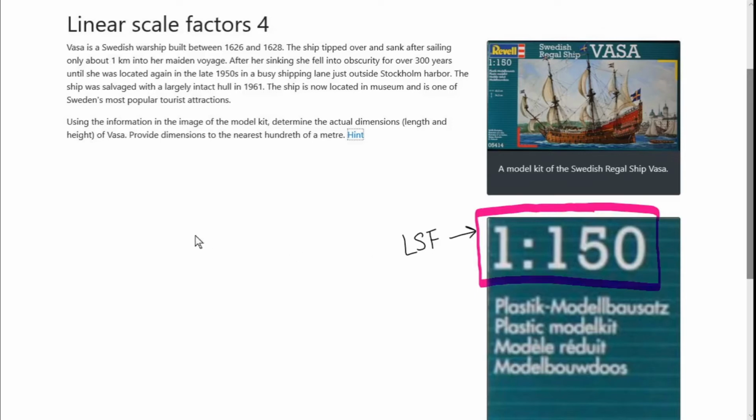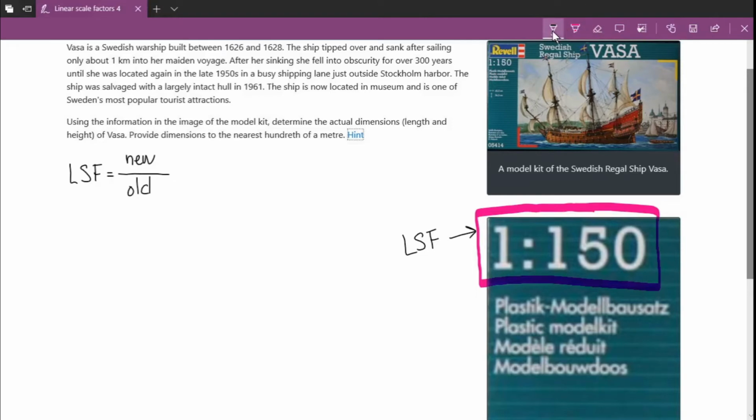Okay, so we're going to be using the linear scale factor formula here. The linear scale factor equals the new dimension divided by the old dimension. In this context here, the new dimension is going to be the dimension of the model, the length or the height of the model.